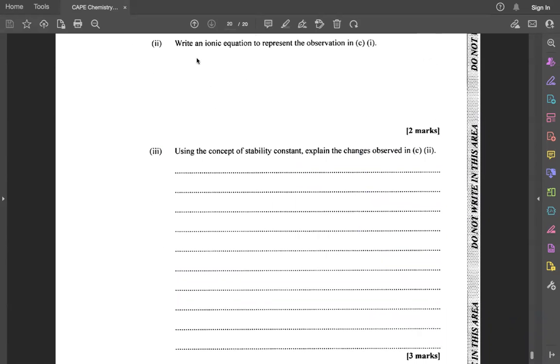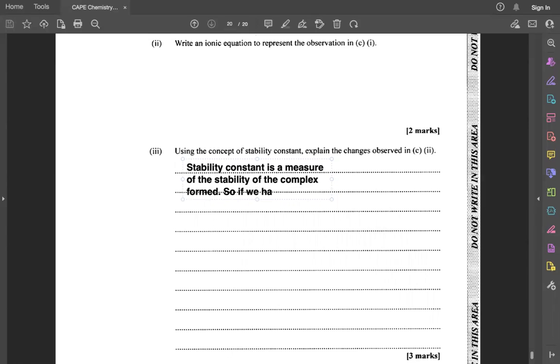So first of all, we have to state up front what the stability constant is. So let's write that. Stability constant is a measure of the stability of the complex formed, right?